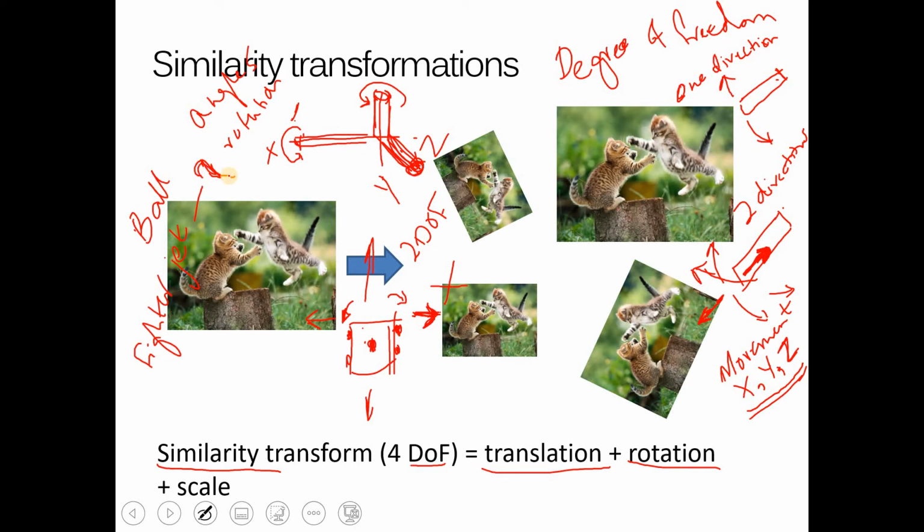We will discuss. So this was a little bit of discussion for those who didn't already know what degrees of freedom is. So degrees of freedom in this type of transformation that we have seen till now. We have seen three of them: translation, rotation, and scaling. In this type of transformation, we have 4 degrees of freedom.